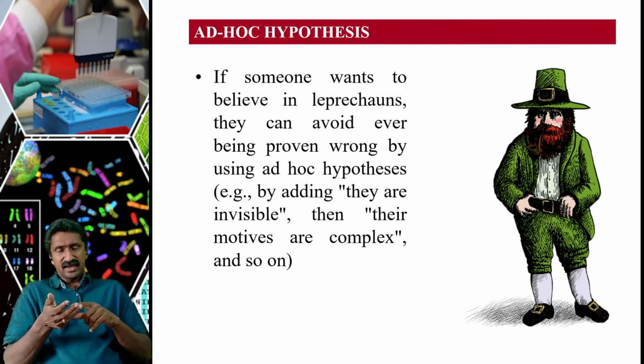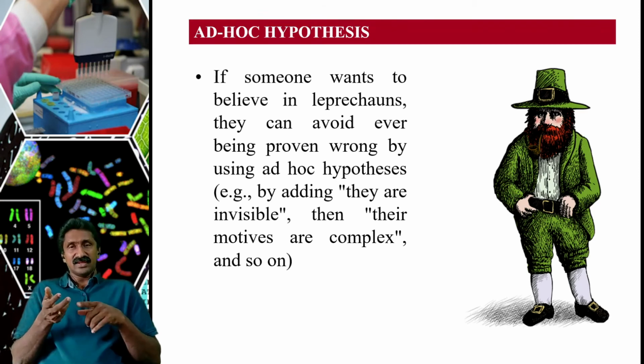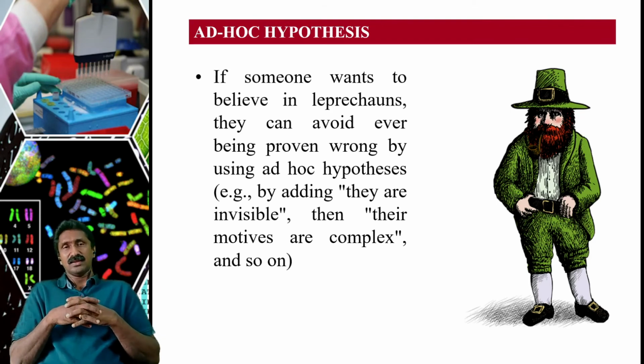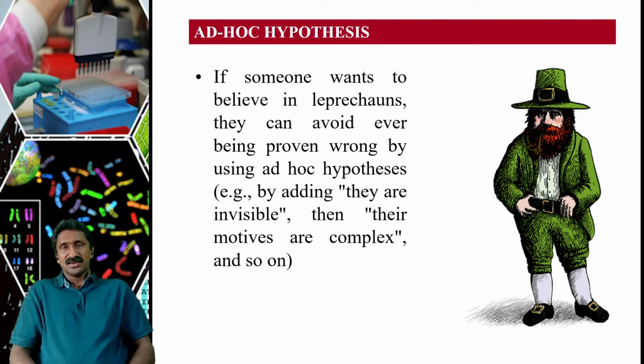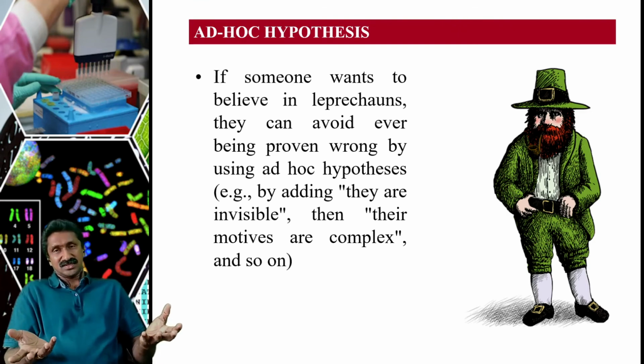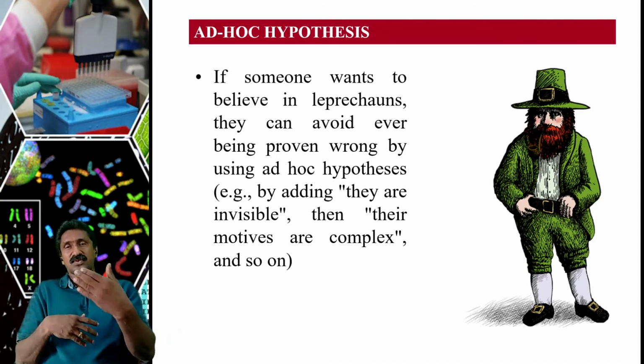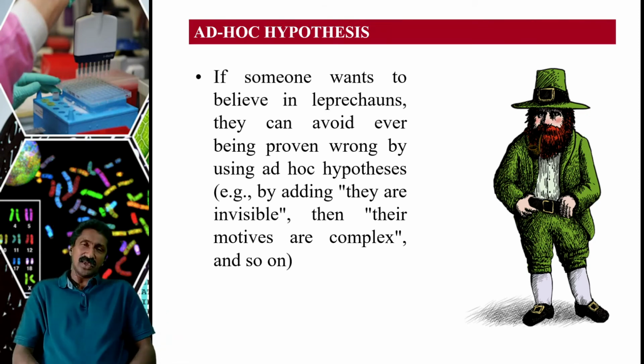For example, by adding that they are invisible and their motives are complex. If you say Kuttichadan or any other character or any other demon, you can hypothesize their existence. And whenever you are trying to prove something, you can add another rider, that they are invisible. So then you cannot prove it.